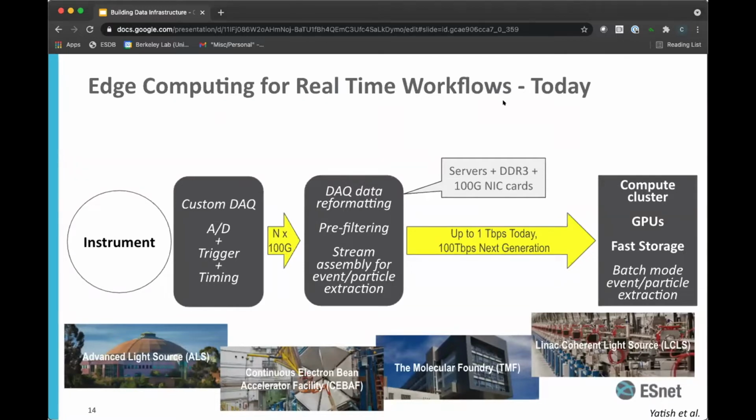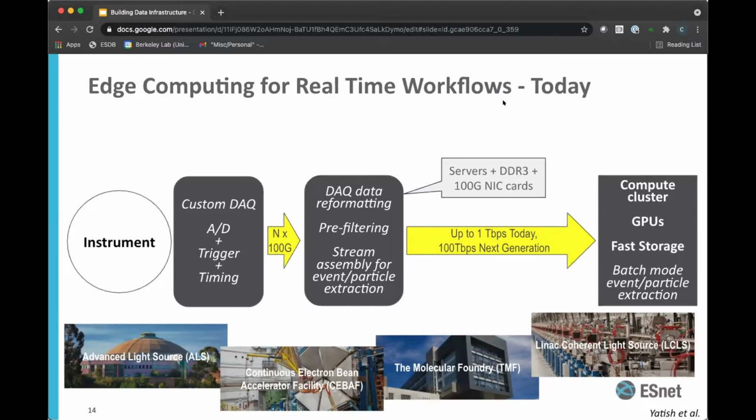You have an instrument on the left, and a first set of hardware that takes the raw instrument information and converts it into the digital domain. Then you have a middle portion where you do the data acquisition, data reformatting, some pre-filtering, and stream assembly, and you package it up to send over the network so that it can be either stored or computed against, right?